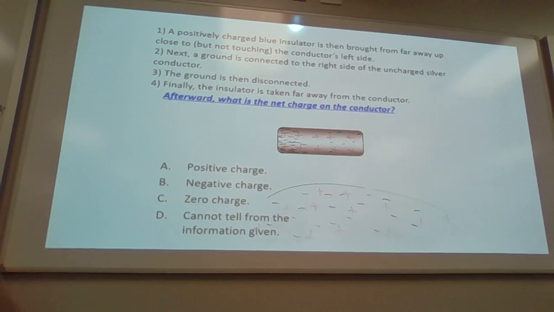Whew, a mouthful right there. A charged object is brought near a neutral object, causing the neutral object to polarize. Then the opposite side of the object is connected to ground, allowing electrons to transfer.